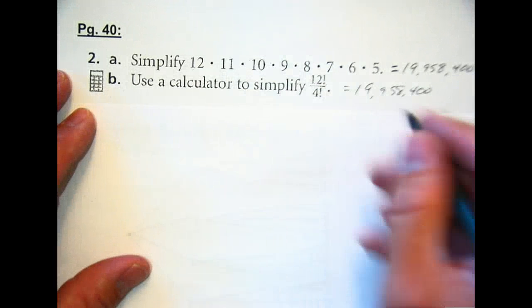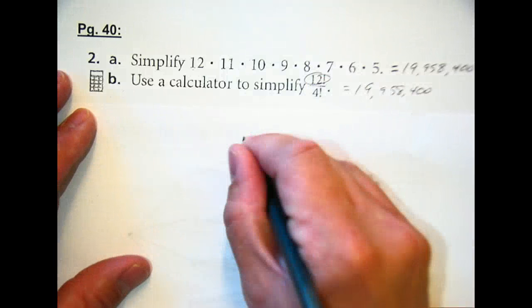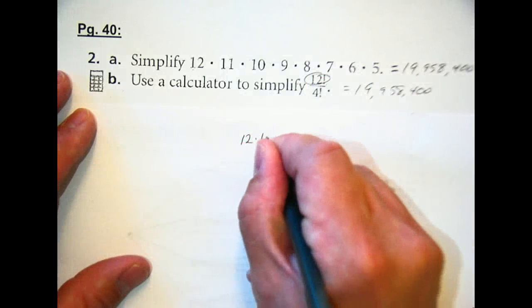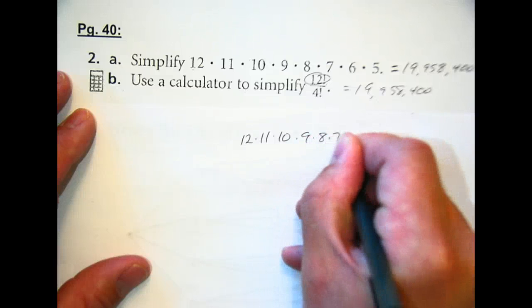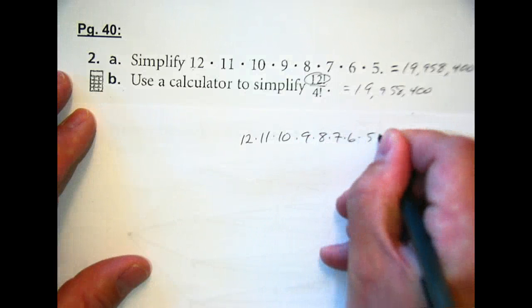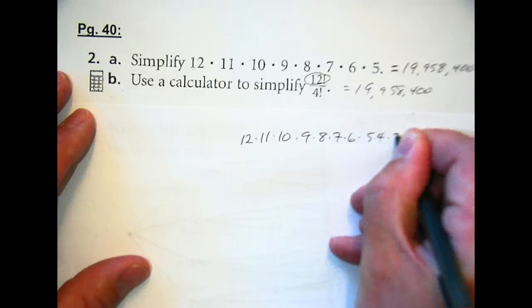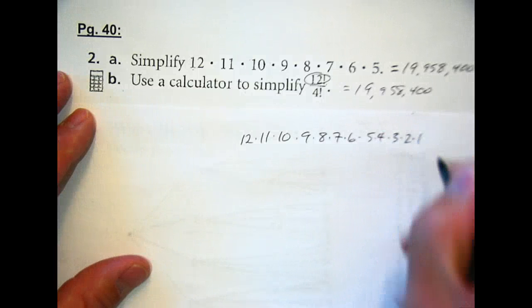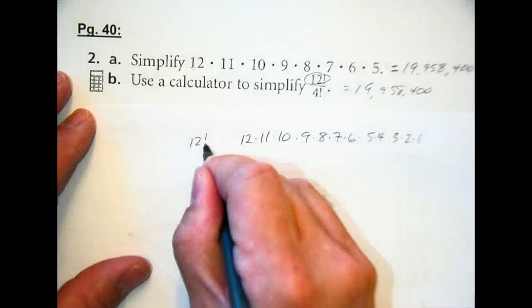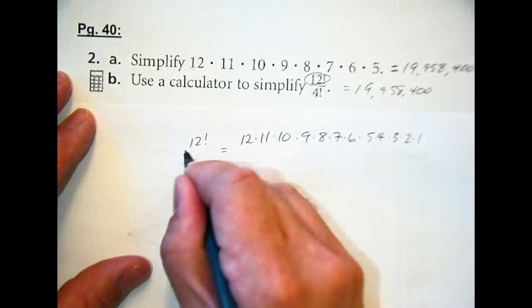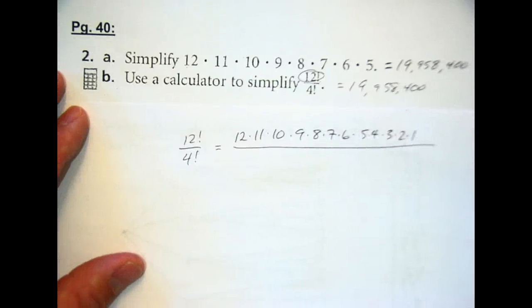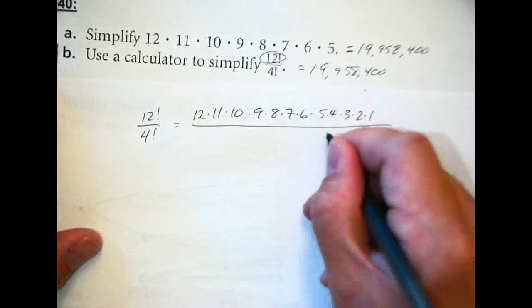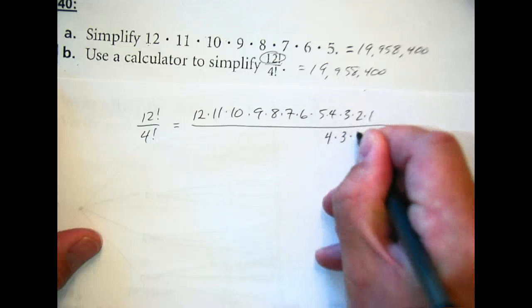So really what they're doing here is 12 factorial. If I wanted 12 factorial, I would have to write out 12 times 11 times 10 times 9 times 8 times 7 times 6 times 5 times 4 times 3 times 2 times 1. Divided by 4 factorial, which is 4 times 3 times 2 times 1.